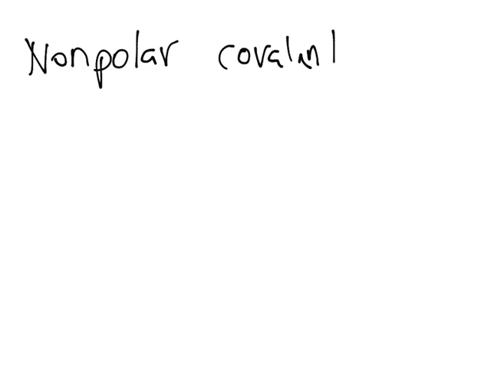So we have two different types of covalent bonds. The first type I'm going to talk about is called a non-polar covalent bond. This is sometimes called a pure covalent bond too. It's the same.